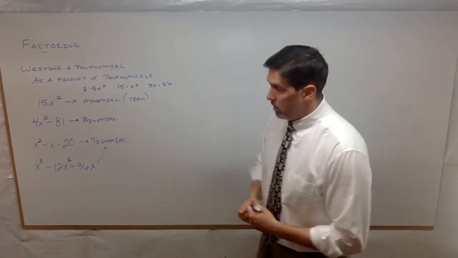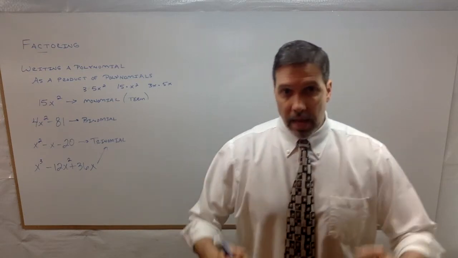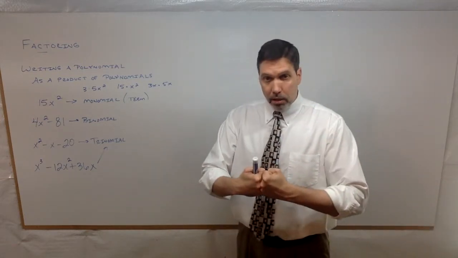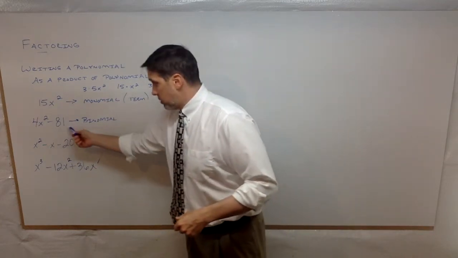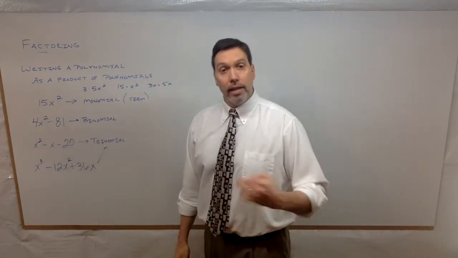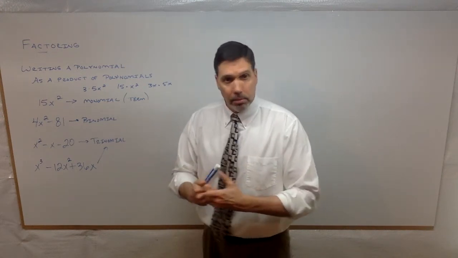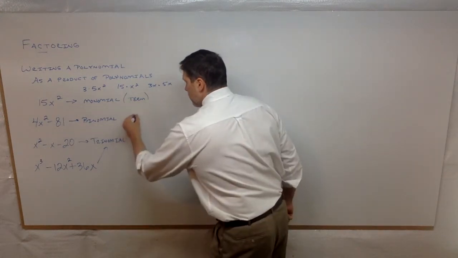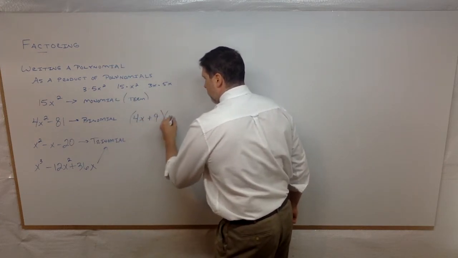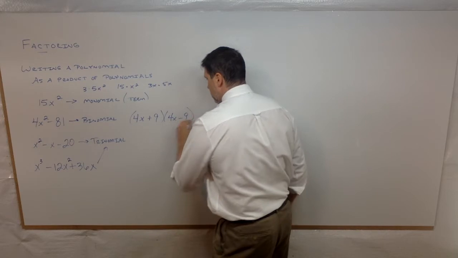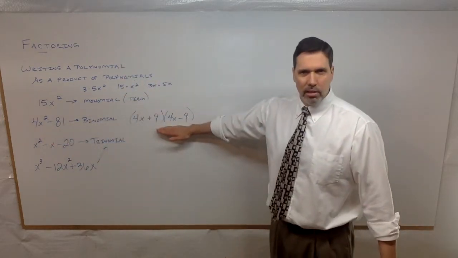What we're saying is, how could you rewrite 4x squared minus 81 as the product, meaning multiplication, of 2 other polynomials? Well, as it turns out, 4x squared minus 81 can be written as 2 other binomials being multiplied together. They would be 4x plus 9 and 4x minus 9. In other words, 4x squared minus 81 is the exact same thing as this.